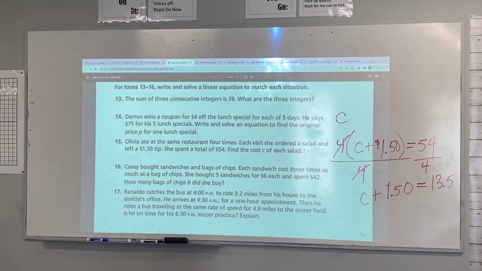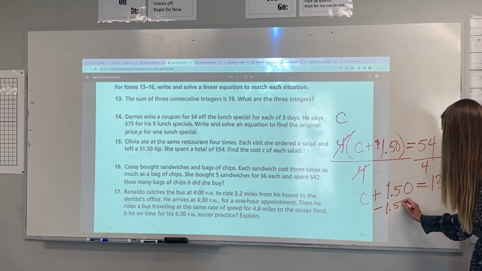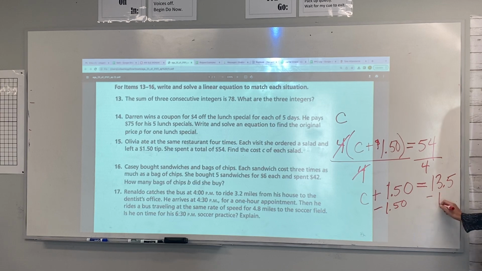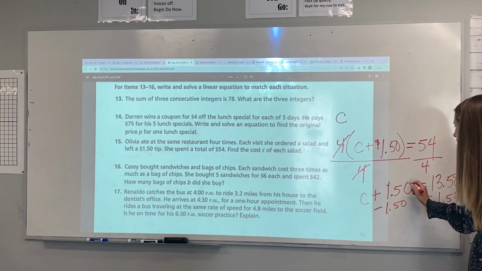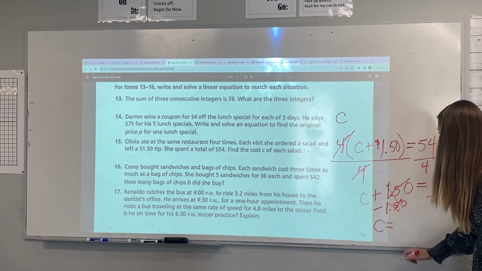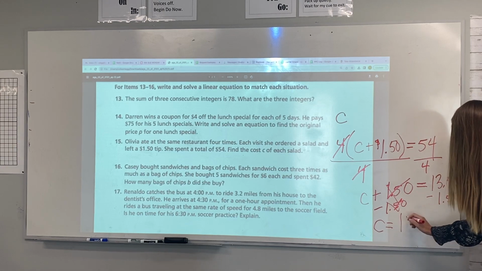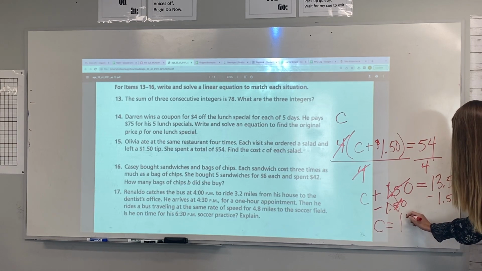So you subtract 1.50 from 13.5. Yep, 13.5 minus 1.50. Cancel, cancel, and we have C equals, C again is the cost of each salad. And what do we have? 12. Yep, $12.